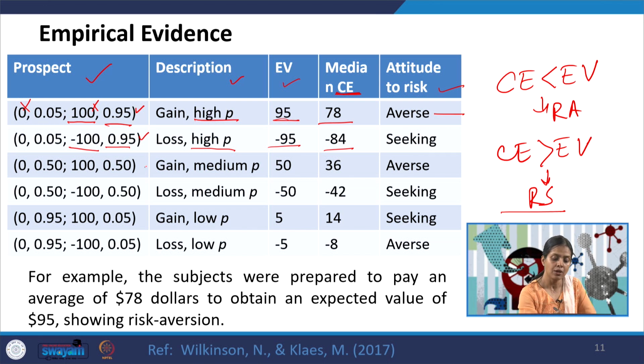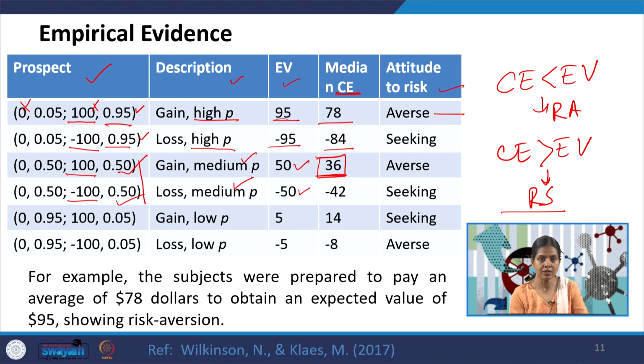Next we consider two prospects where the probabilities are medium. The first one is for gain and the second one is loss. Here you gain 100 rupees, here you lose 100 rupees, and the expected values would of course be 50 and minus 50. Again it is observed that the certainty equivalent is lower. So, you are basically willing to accept a lower amount in order to avoid this prospect, or this prospect is equivalent to this amount of certain gain.